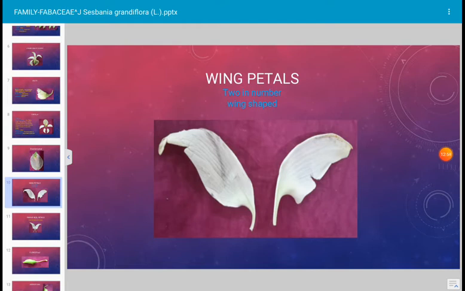A small stalk is present at the basal region. The basal region of the petal is modified into a stalk-like structure. Such petals are described as clawed petals, and these are the wing-shaped petals. Therefore, these are the wings. One pair of wings is present in the flower of Sesbania grandiflora. Wing petals. Okay, next.